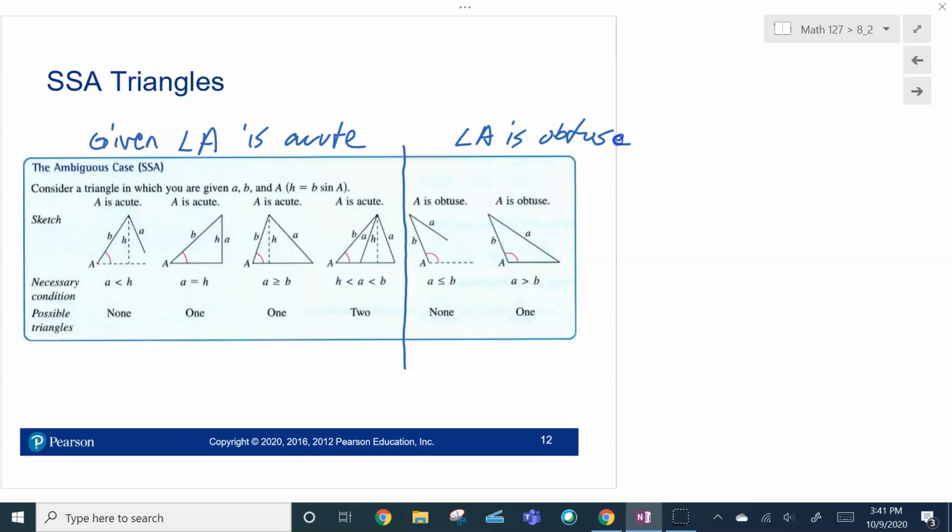It could be one of those two situations, okay? And we're going to solve for h, and we're going to compare a, b, and h. Now again, notice it's my given angle A, and then in addition, they're also giving you the side length b.